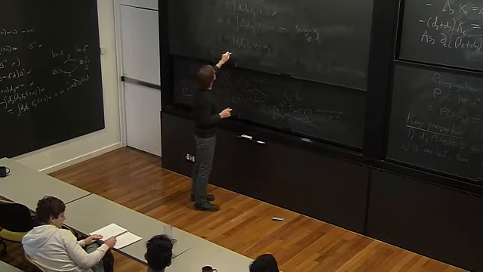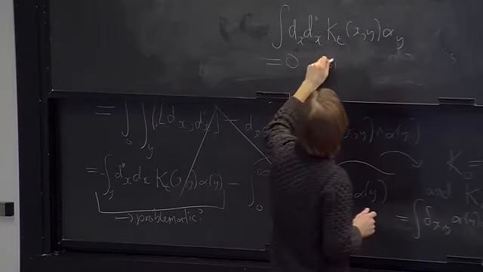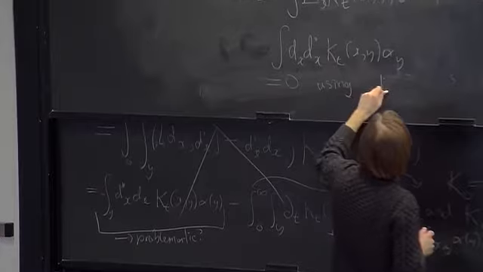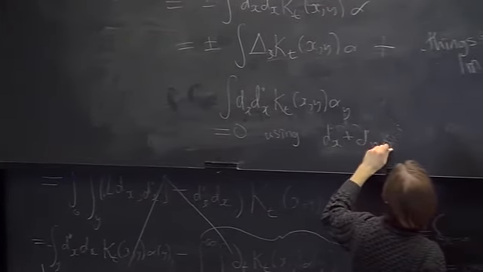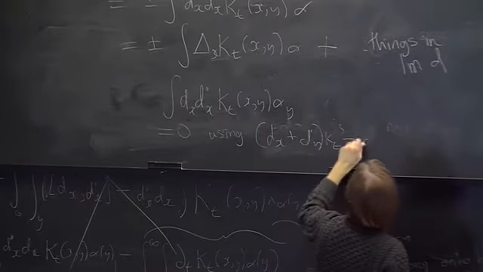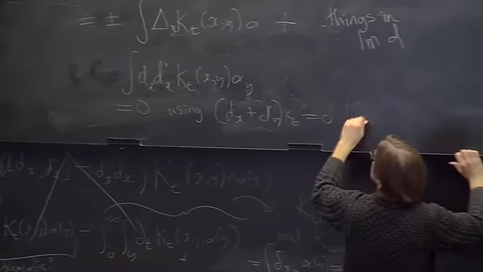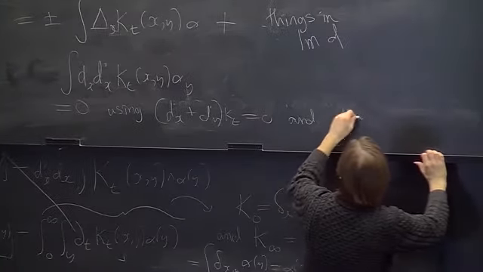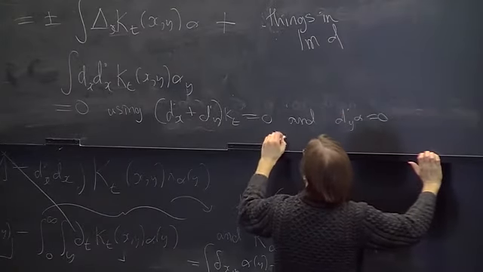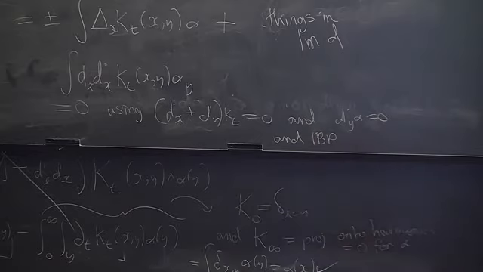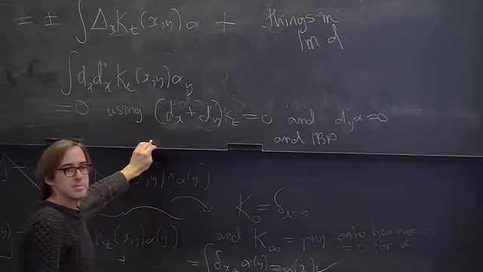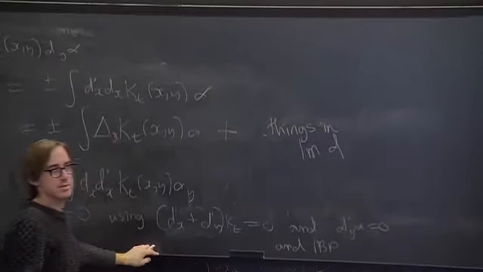This guy is equal to 0 using that b star x plus or minus b star y p is equal to 0, and b star y alpha is equal to 0, and integration by parts. So people reasonably happy with that? And sorry for the confusion.